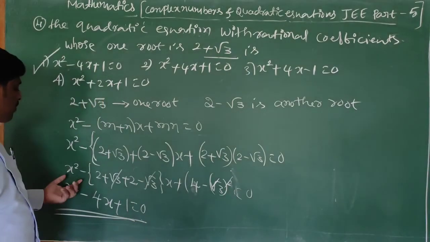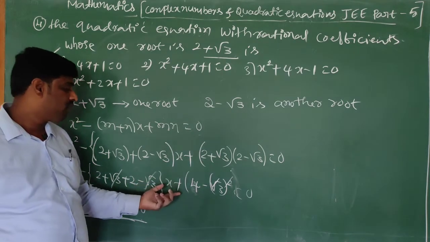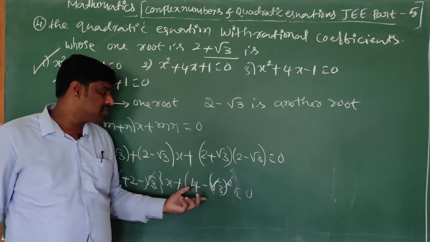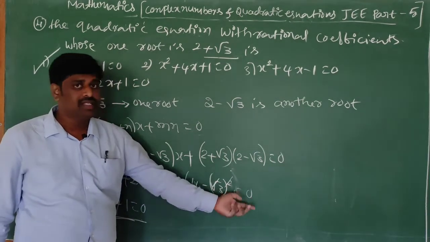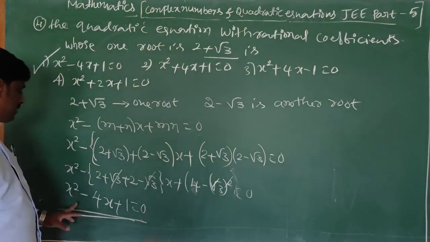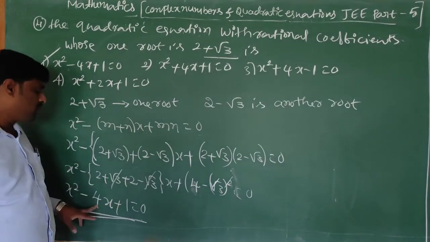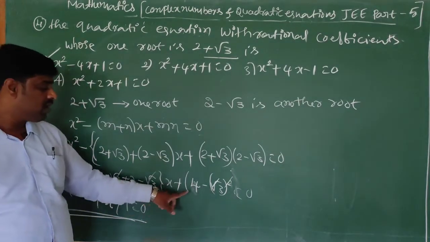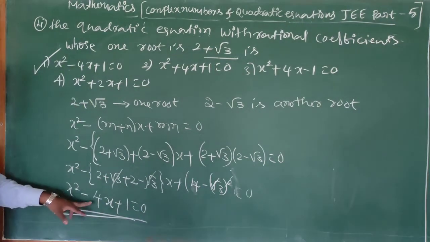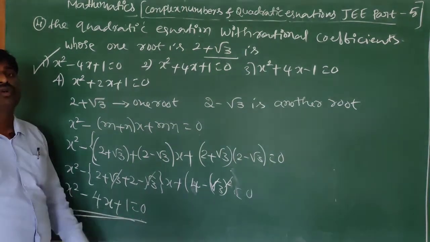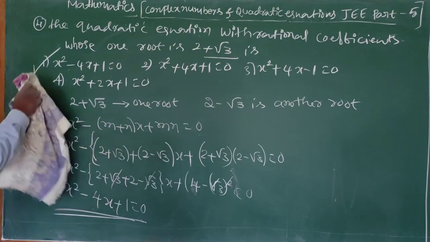So x square minus 2 plus root 3 plus 2 minus root 3 of x, a square minus b square, 4 minus root 3 whole square is equal to 0. x square, root 3 cancels. 2 plus 2 is 4. So here 4 minus 3 is 1. Okay, x square minus 4x plus 1 is equal to 0. So we will move to the next question.